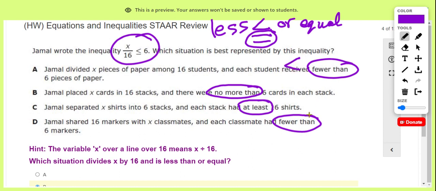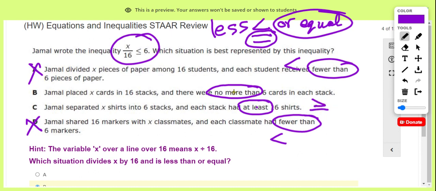Fewer means less than. So these two both mean less than, but we need less than or equal. The symbol says it can be equal. So then the least is 16, so that means everything else can be greater than. And if it's not more, then it's less or equal. So we should be able to make a selection there.